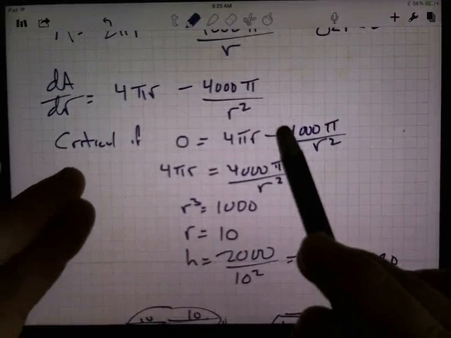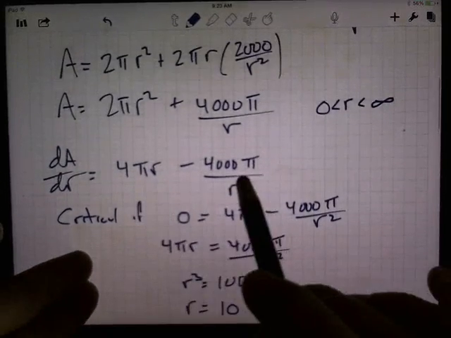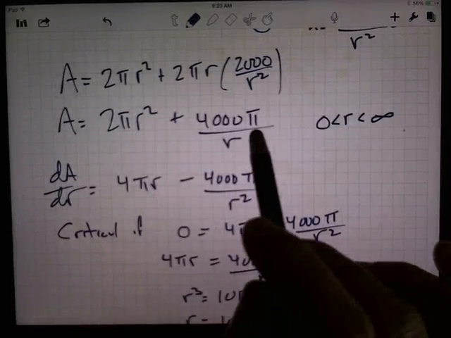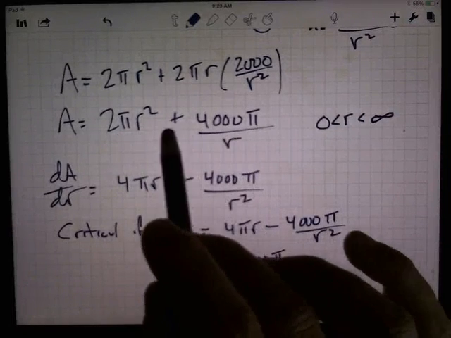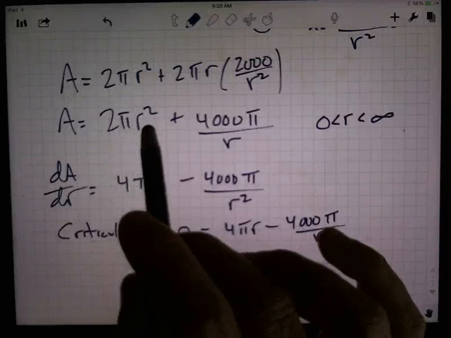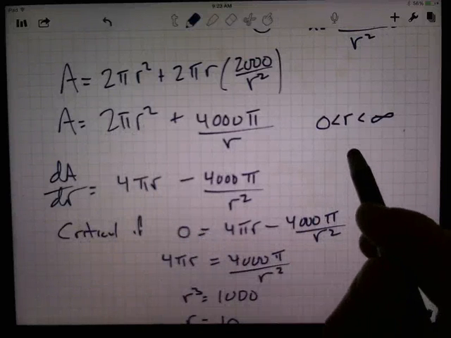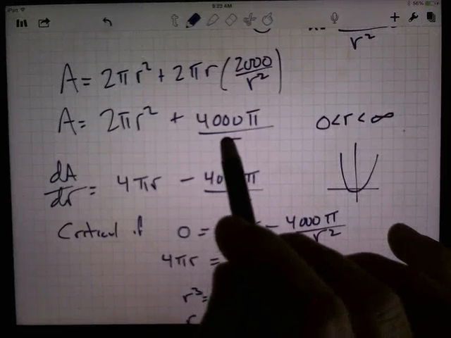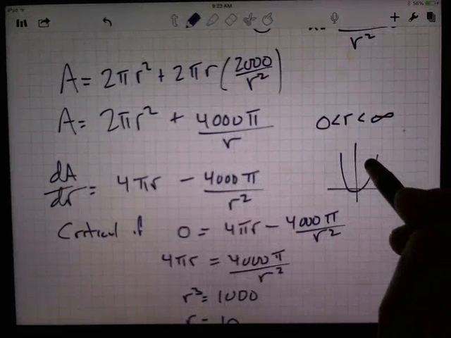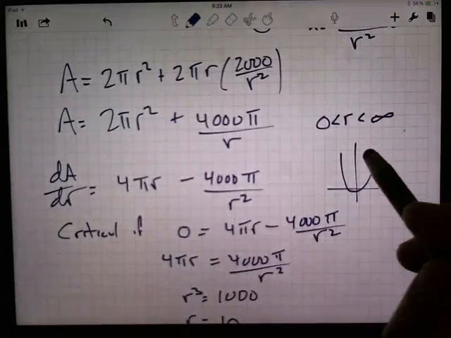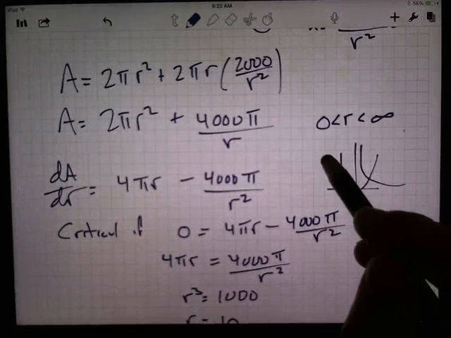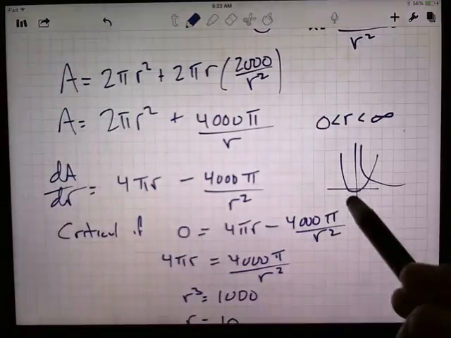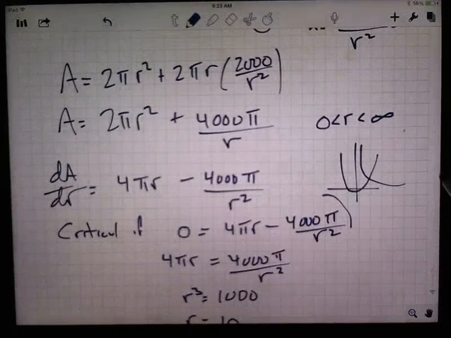Sorry, not of this thing. This is the derivative. If I look at the graph of this thing, this piece right here is just a parabola, right? This piece right here is, you know, a 1 over x kind of thing. And then you've got to add them together.